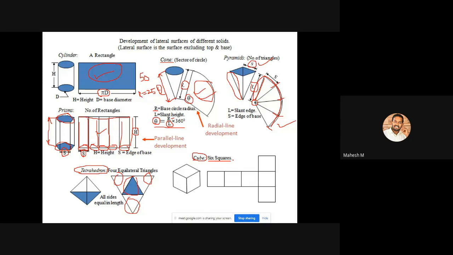So for this solid only, you have to create all six surfaces. You can create four surfaces in parallel, then create the top and the bottom surface. So this solid does not come under the category of lateral surfaces.